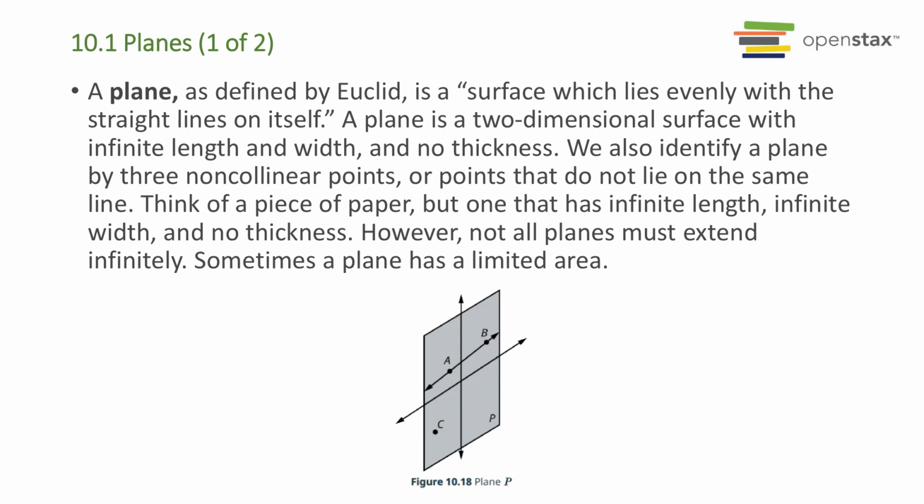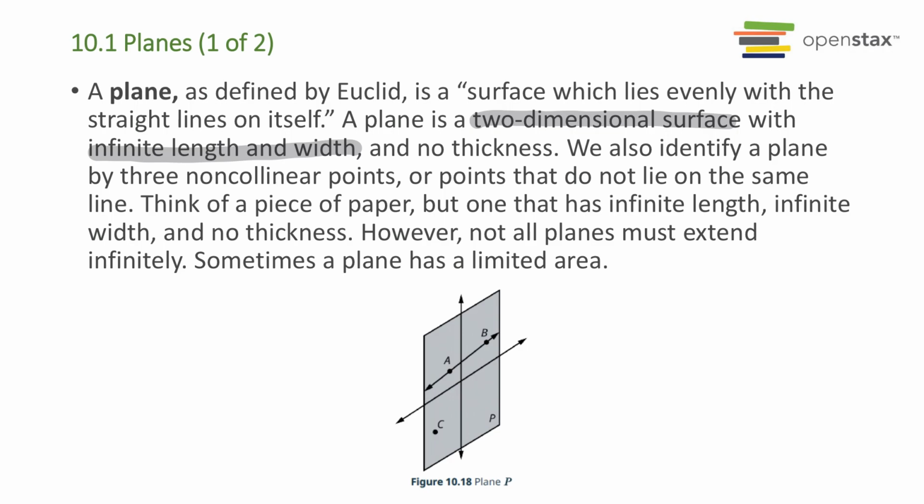So planes are two-dimensional surfaces, with infinite length and width, but they have no thickness. So you can kind of see a picture of a plane here in our drawing. So this contains line AB. It can contain a point C, but P is the plane itself, and it's drawn to look like it stops, but it actually doesn't. The plane goes on forever and ever and ever.